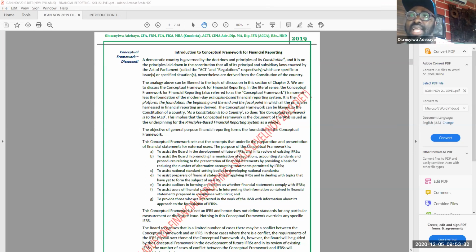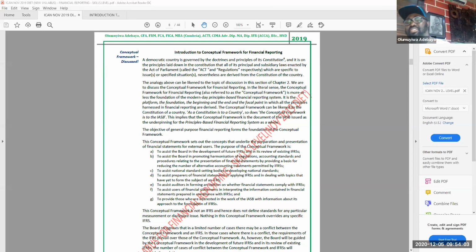Okay, now we are to move to the second framework, other than the regulatory framework. The second framework is what we call the Conceptual Framework. The Conceptual Framework for financial reporting is more or less like a platform. It serves as the bedrock, the fundamental guideline that supports all of our activities with respect to financial reporting.